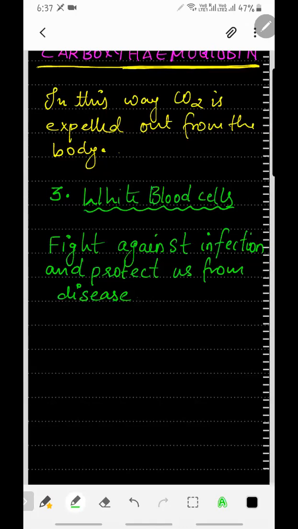WBC is formed in bone marrow, where blood production is taking place. When you were a child, the liver was also doing the same function. Now you have grown up, it is taken care of by bone marrow. There the production of blood takes place, and completely RBC, WBC, and everything is produced. Yeah, it is a protective cell, protects us from disease.